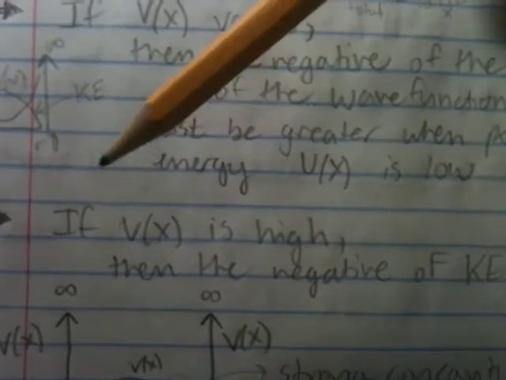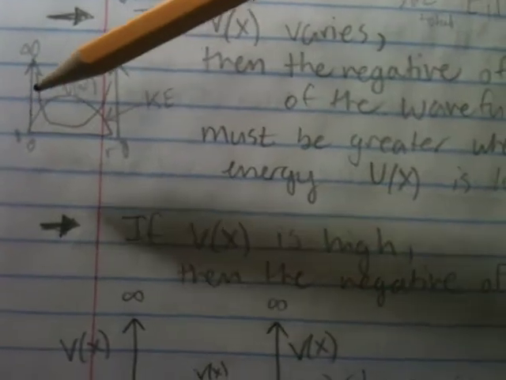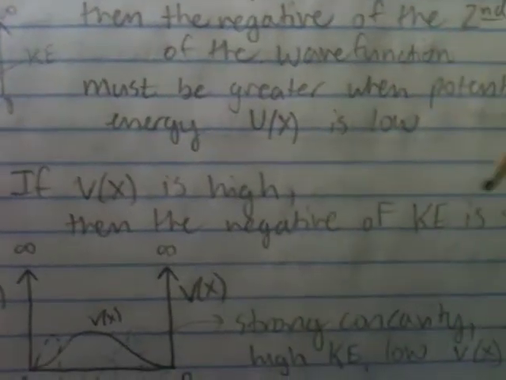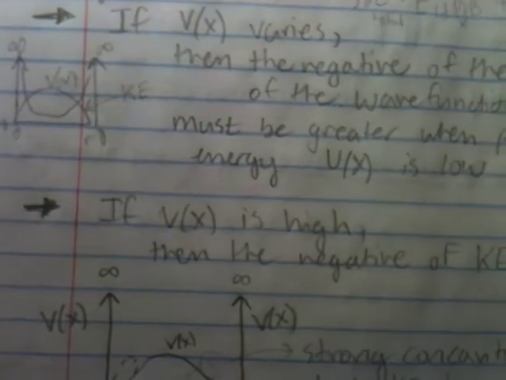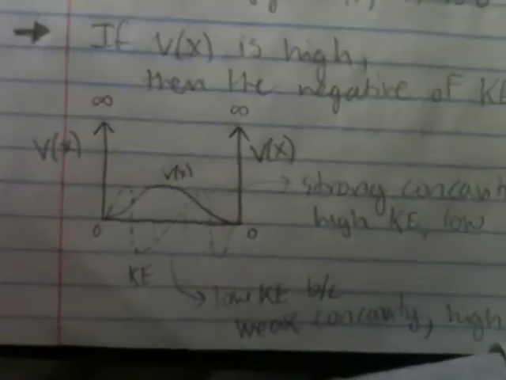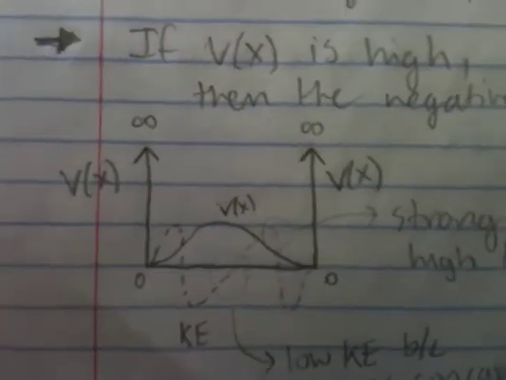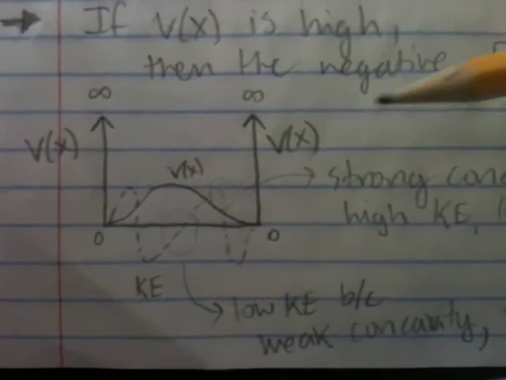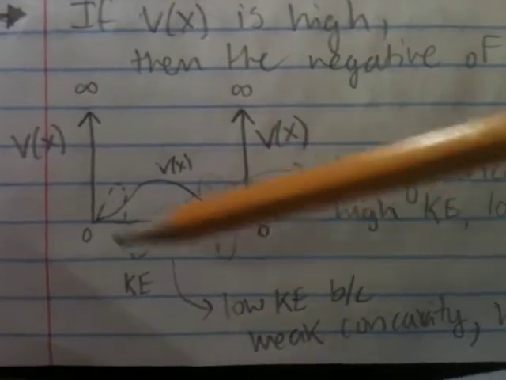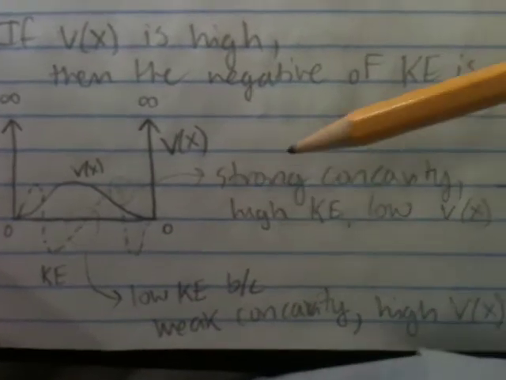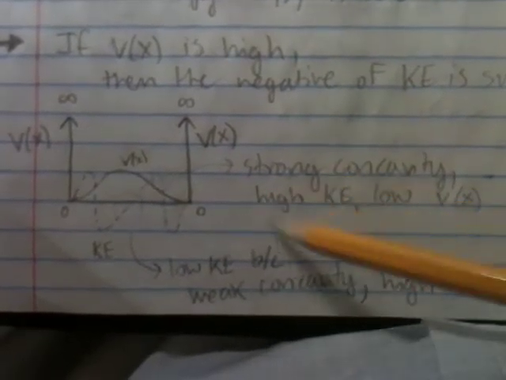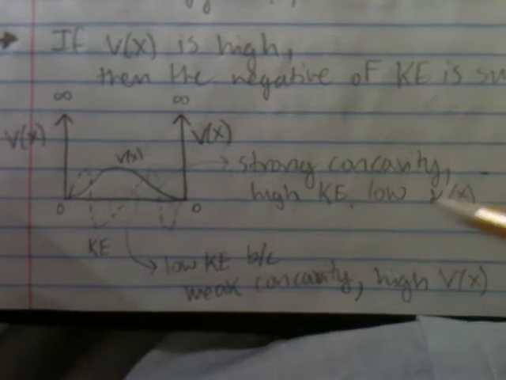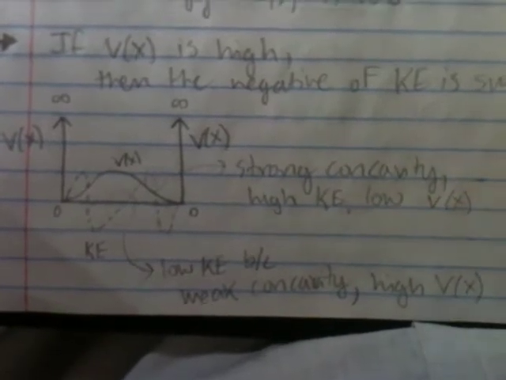Right, so this is what we just drew. If the potential is high, then the negative of Ke is small. Here's already a pre-drawn graph. How nice, look at that. I don't think I drew these correctly, but the idea is the same. If you have strong concavity for the kinetic, then you have a high kinetic energy there, and conversely a low potential.